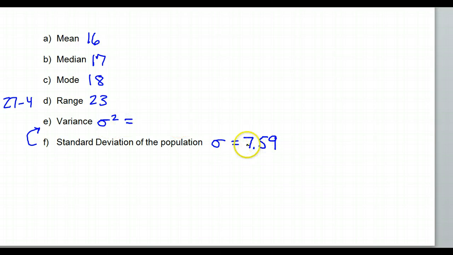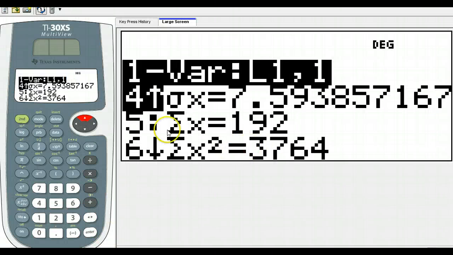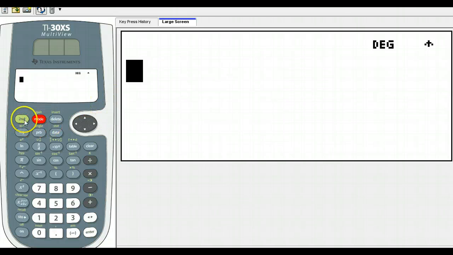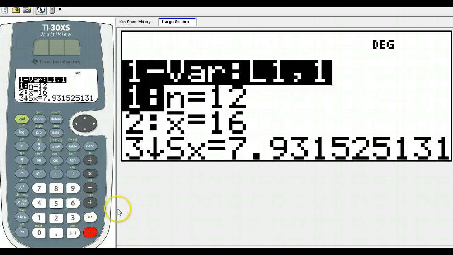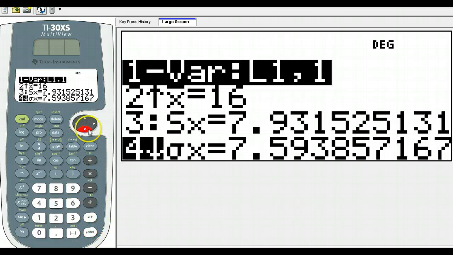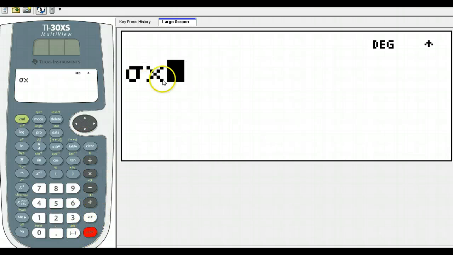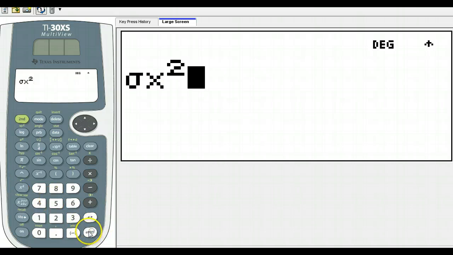Alright, the variance is the standard deviation squared. Now again, I want all of the decimals. So if I were you, I would quit out of this to a blank area. Then I would go back into where we came from. And then I would go to item number 4 and hit enter. That prints standard deviation right on your screen, so you can just square it.